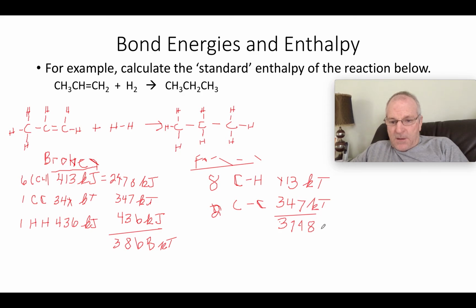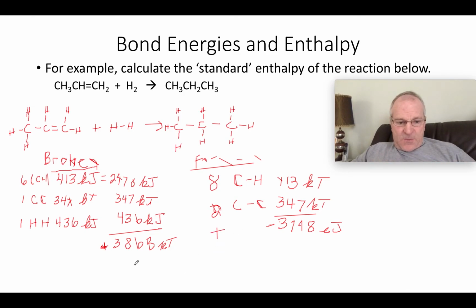3,998 kilojoules. And since bond formation is an exothermic process, that's a negative sign. And since bond breaking is an endothermic process, that's a positive sign, which looks more like a 4 than a positive. And then you just add those two quantities, and you have delta H of the reaction.